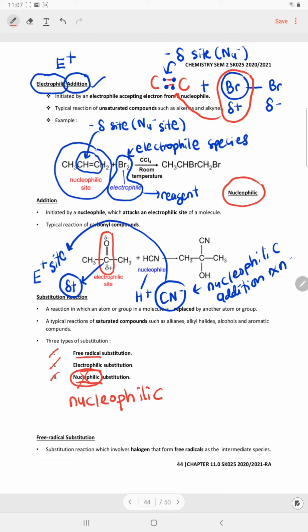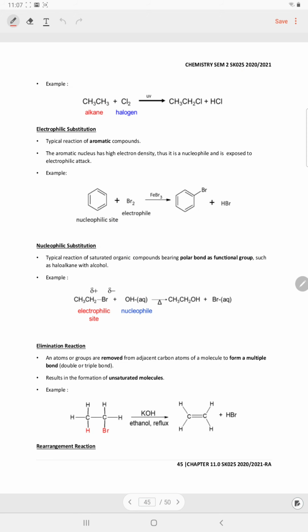Remember, your organic compound must be a saturated compound, either an alkane, alkyl halide, alcohol, or an aromatic compound. We go first to what we call the free radical substitution reaction. In a free radical substitution reaction, we must identify the presence of sunlight, UV. Therefore, we call this free radical substitution according to the presence of UV.